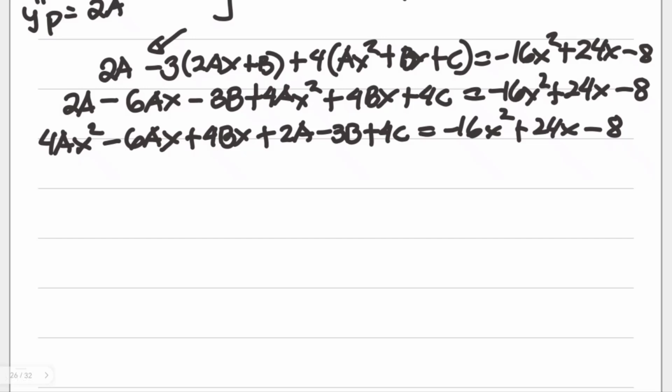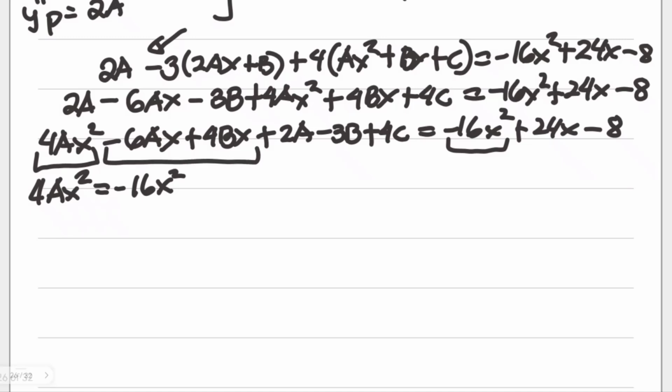We are doing this so that we can pair the terms with the same coefficients. To retain equality, they must also be equal to one another. And with this, we can solve for a. The second pair is this, minus 6ax plus 4bx is equal to 24x. Since we will be solving a here, we will substitute that here to solve for b, and once our a and b are done, we can now solve for c.